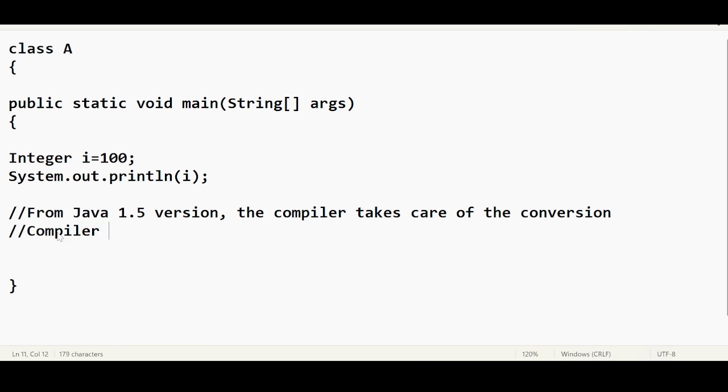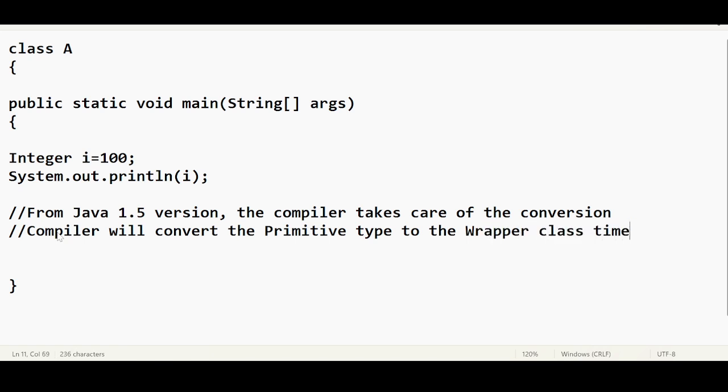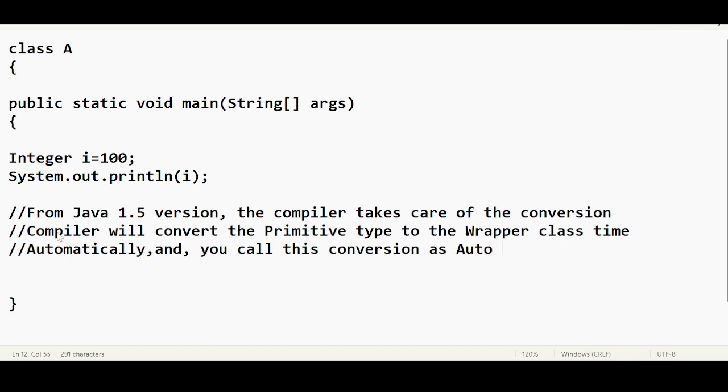The compiler will convert the primitive type to the wrapper class type automatically. How will this conversion happen? Automatically. You call this conversion autoboxing.